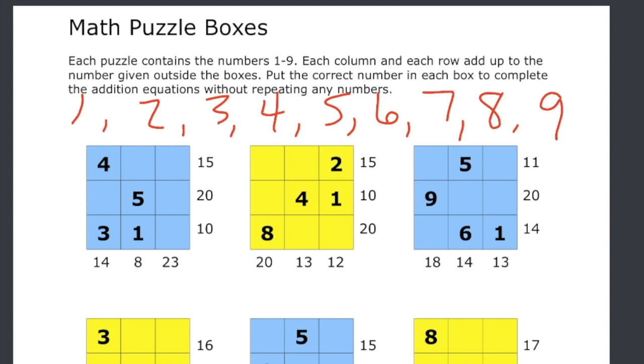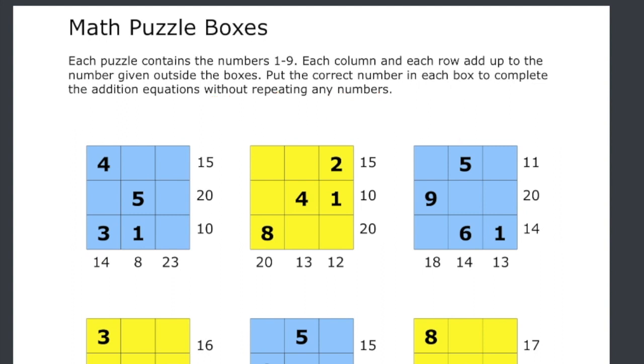So for an example, you have numbers going this way. You have a 4, a blank, and a blank. A 4, a blank, and a 3. Those numbers are going to add up to the number 14.